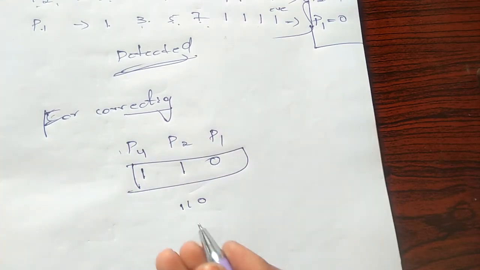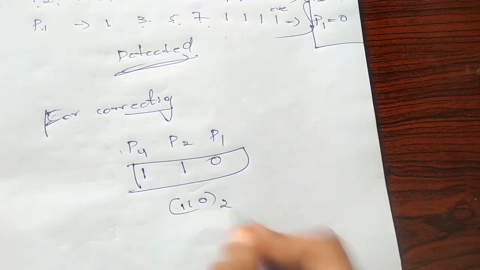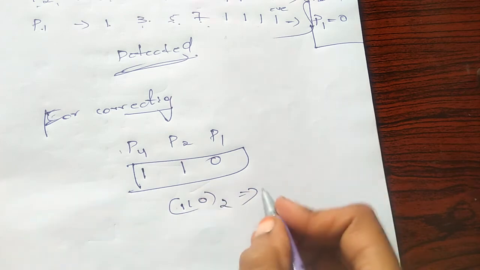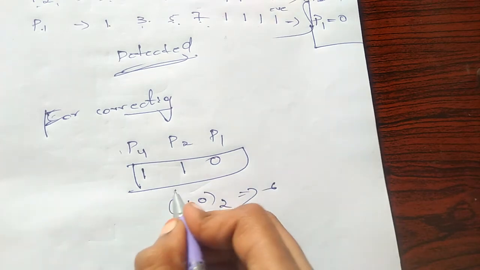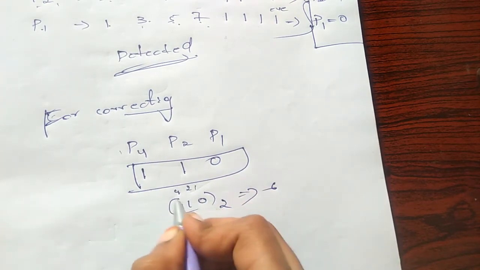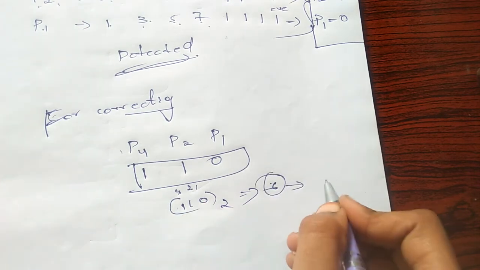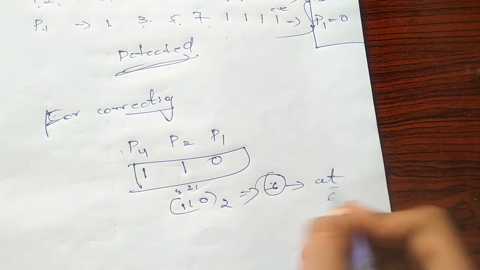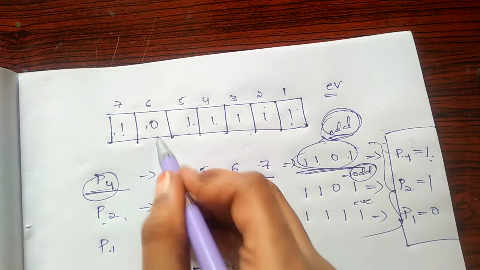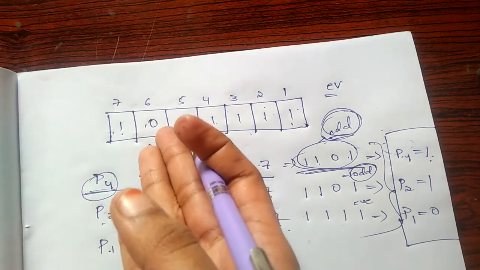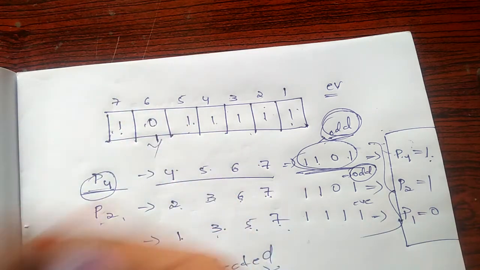For what? It is in binary, right? In decimal, what is its number? Its number is 6, isn't it? 4, 2, 1. So 4 plus 2, 6. So at the sixth position, I have error. So what is the sixth position here? This. As we got the error here, if it is not 0 here, then what should be the next option?